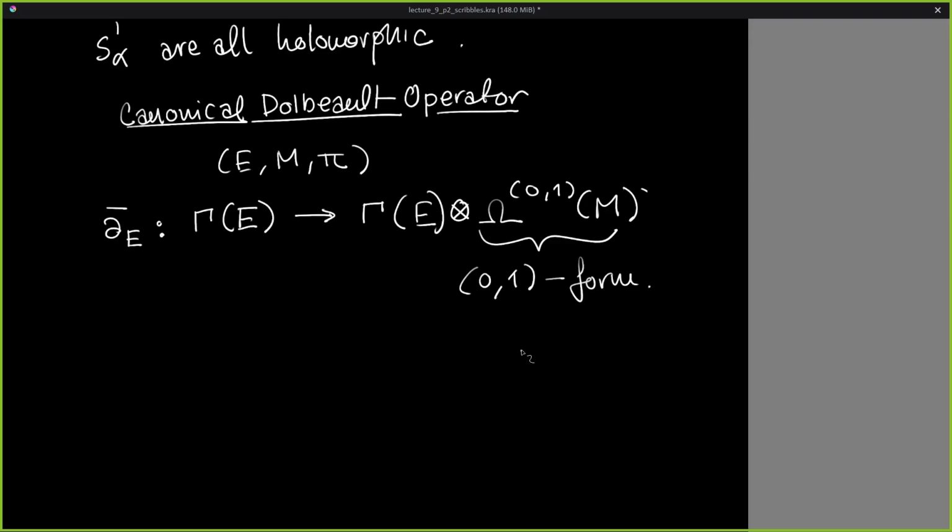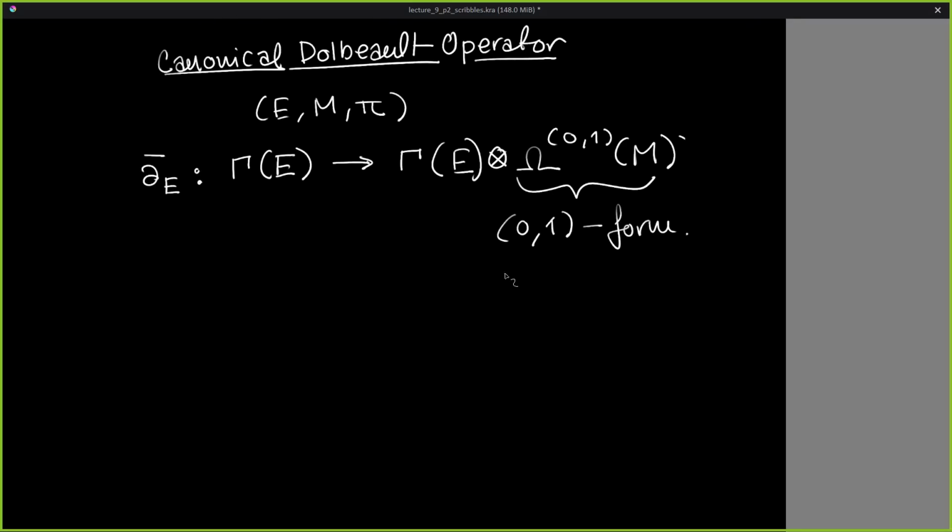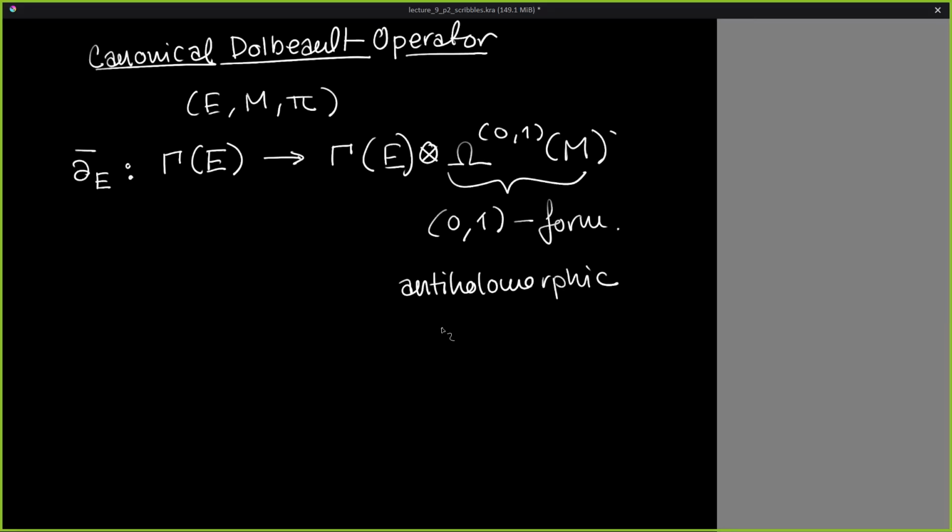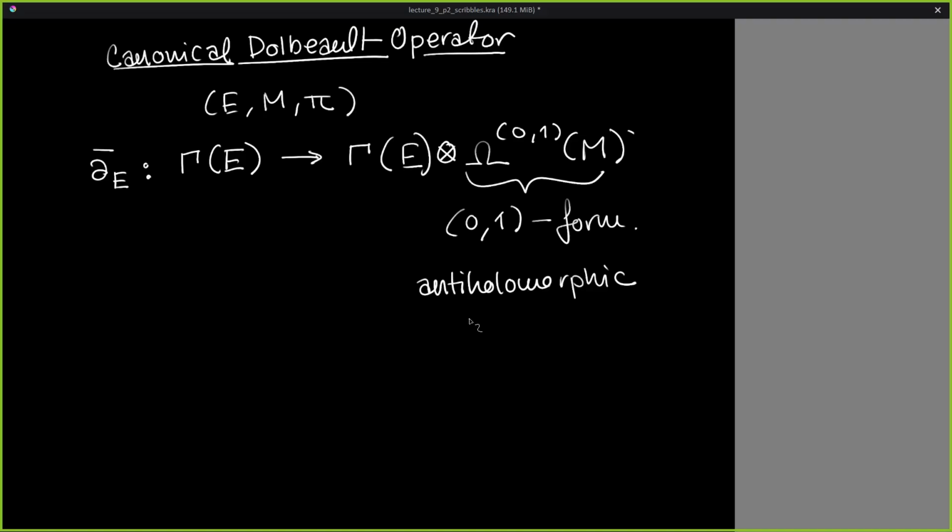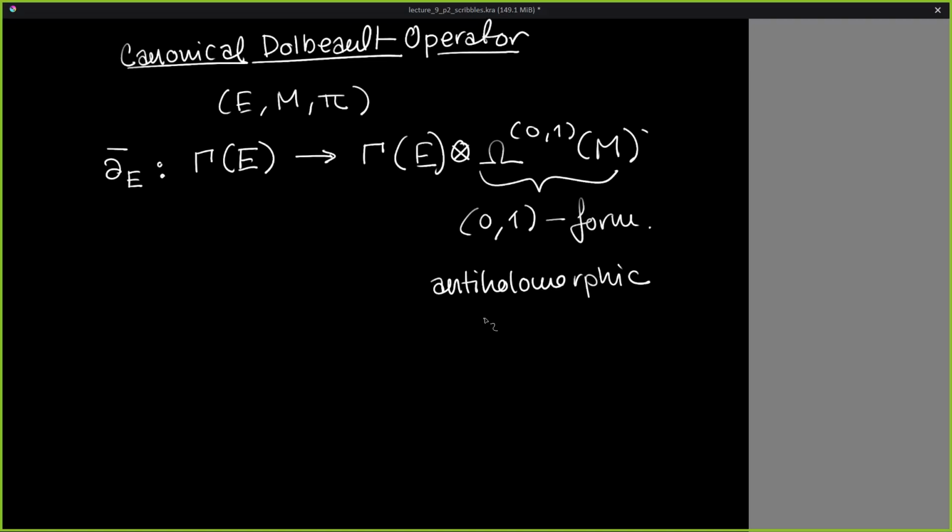This comes from the anti-holomorphic forms. I was going to call it the anti-holomorphic vector bundle, but that's not right. I should call it the anti-holomorphic cotangent bundle.